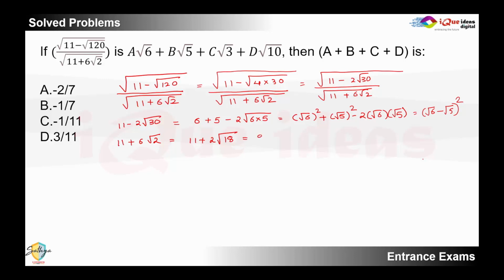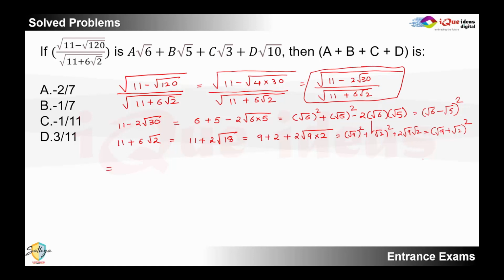So I can write this as 9 plus 2 into root of 9 into 2, which is nothing but root 9 the whole square plus root 2 the whole square plus 2 into root 9 into root 2, which is root of 9 plus root of 2 the whole square. Hence, now let's go back to our sum.